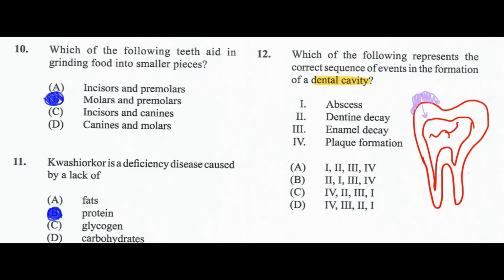Once you get that far, then we start to feel pain, and an abscess will develop. An abscess is a pus-filled space for the most part. So it should be in the order going that way: 4, 3, 2, 1. So D would be your answer for number 12.